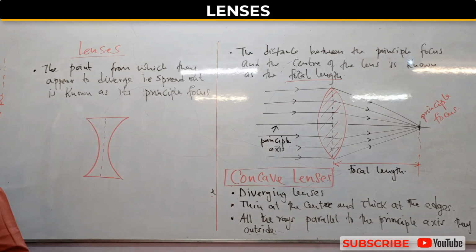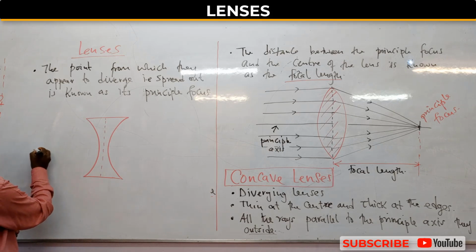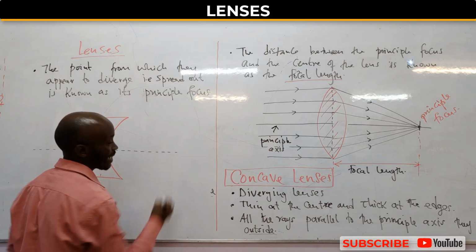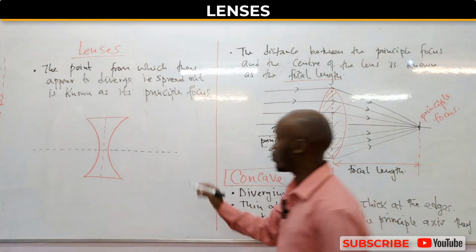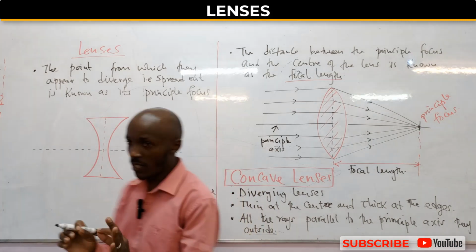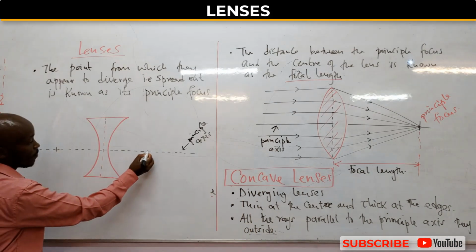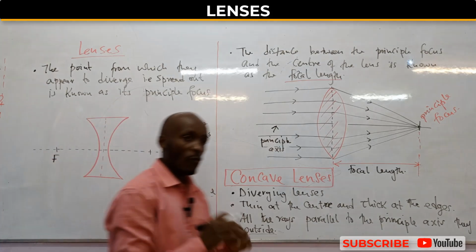Now we say the line that passes through the center is the principal axis. It's not an existent line, it's an imaginary one, it's not there. All right? So that we can do a lot of drawing referencing that line. All the rays will appear to be coming from that point we are calling the principal focus.